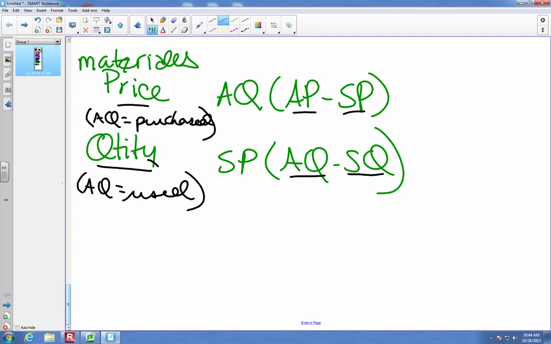What was my actual quantity? Everybody look at the data, take a moment. The quantity I purchased. What did I actually pay for each of those board feet?